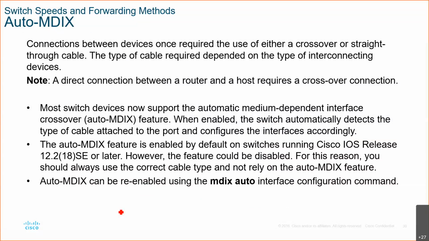Since it is auto-MDIX, the device can automatically detect the type of cable and adjust the port configurations accordingly, automatically. Again, let's go to Packet Tracer so I can show you this.